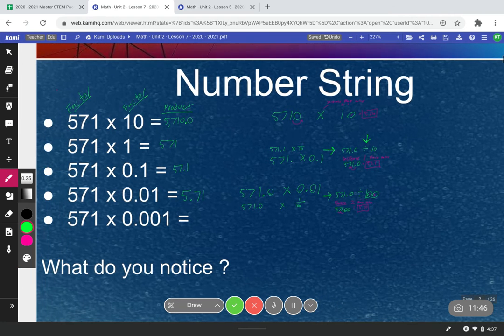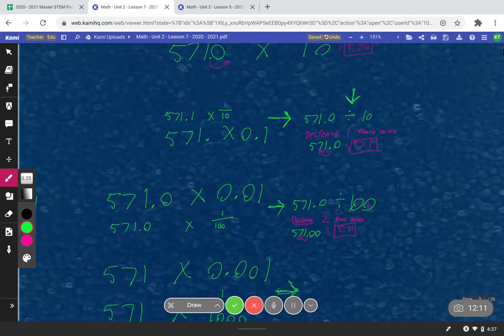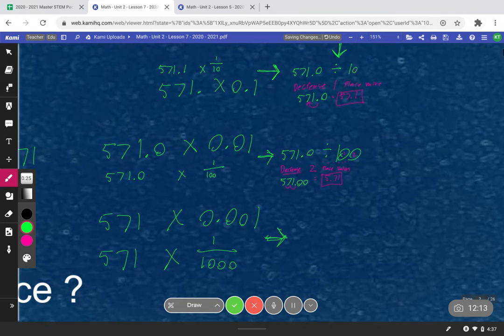Okay, here is our last one. 571 multiplied by 1/1000. Start the video to find out what the fraction version of that would be. There's the fraction version. Now I want you to do the inverted version. Use what we did before.